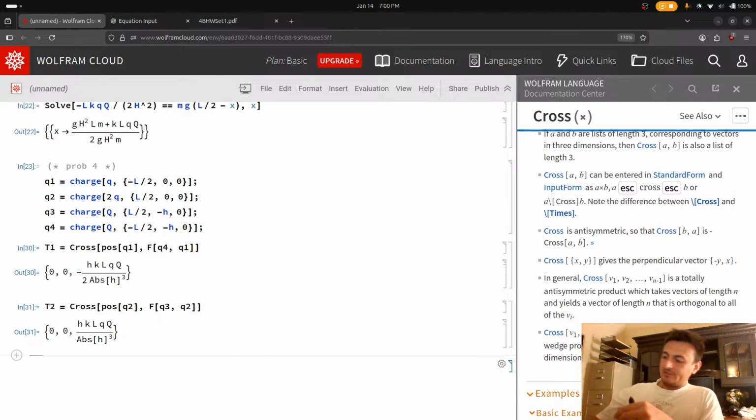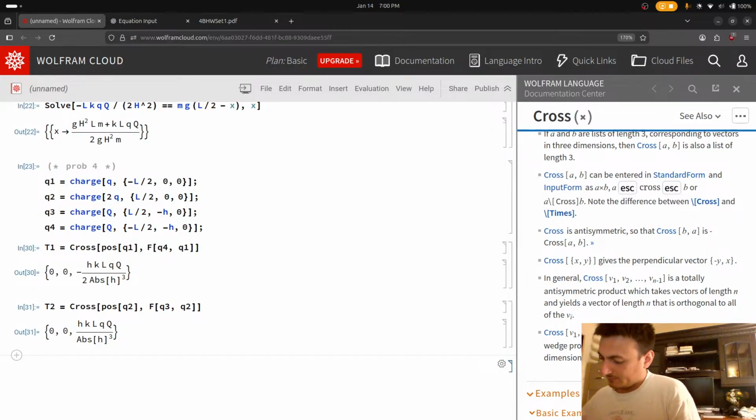Oh, because it's not that the normal force must be 0, but the torque is 0 because we take the origin to be the reference point. Okay, so we're going to get torque normal plus torque EL plus torque ER plus torque tension.